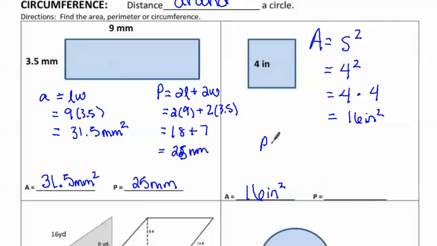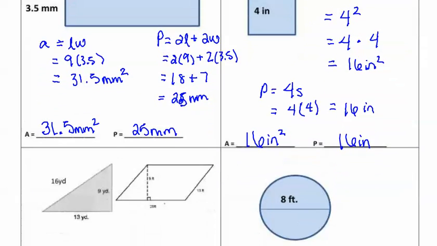Perimeter is going to be 4 times S, or 4 times side. 4 times 4 is 16 inches. Remember to transfer your answers to the bottom of the box.